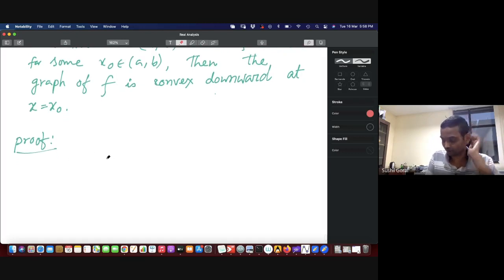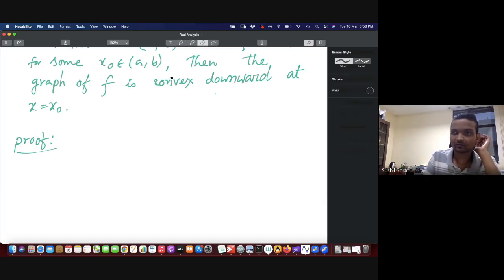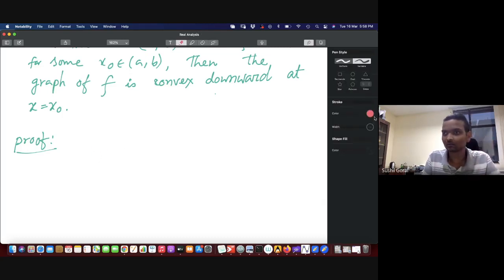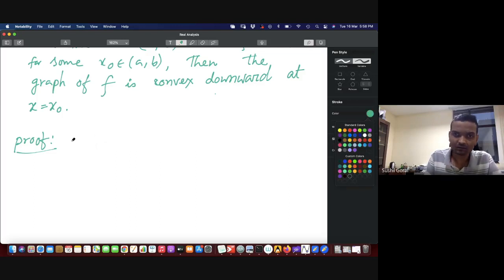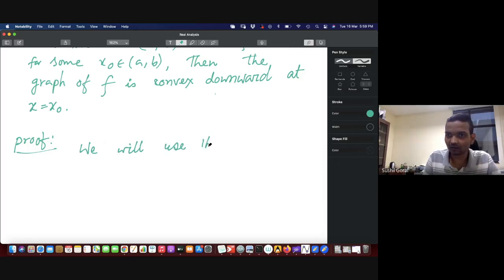So how to go through the proof? We will use Taylor's formula, and of course Taylor's formula with Lagrange's form of remainder.